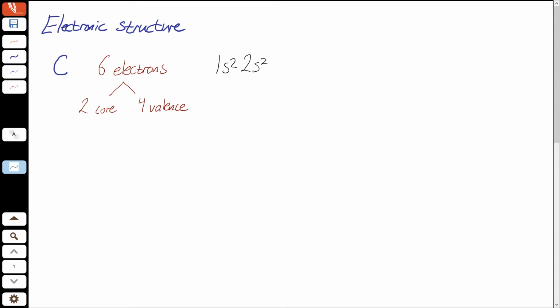Who's got the last bit? 2p2. Yep. All right, so that's all our 6 electrons. We've got 2 electrons in the 1s, 2 in the 2s, and 2 in the 2p. So the valence electrons are these, right?